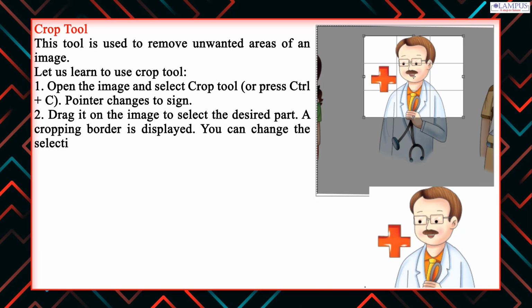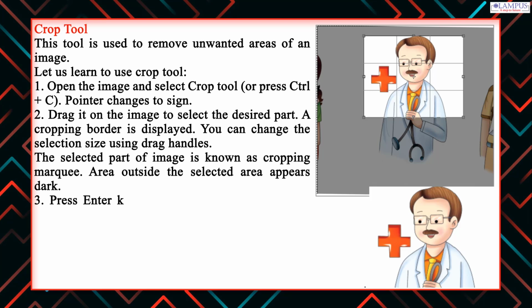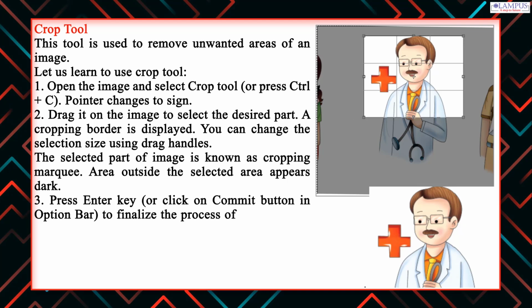You can change the selection size using drag handles. The selected part of the image is known as the cropping marquee. The area outside the selected area appears dark. 3. Press the Enter key, or click on the Commit button in the option bar, to finalize the process of removing the shaded part out of the selection.